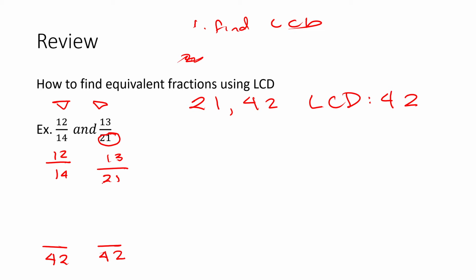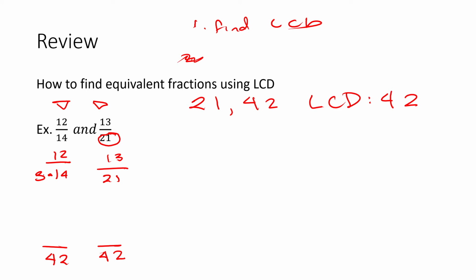And this is one of the reasons why I didn't like fractions as a kid. So let's start with 12 over 14. You're going to think to yourself, what number do we need to multiply 14 by to get to 42? Well, if you do it properly, you will know that if you multiply 3 times 14, you'll get 42.